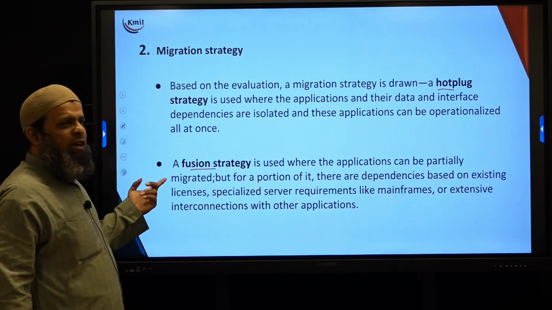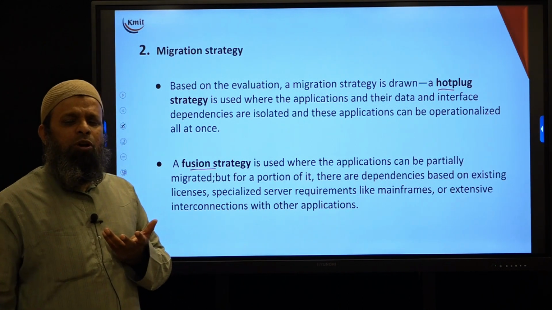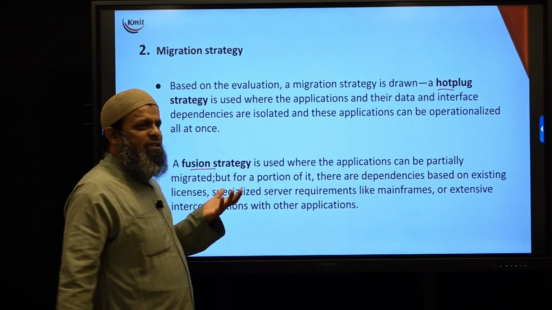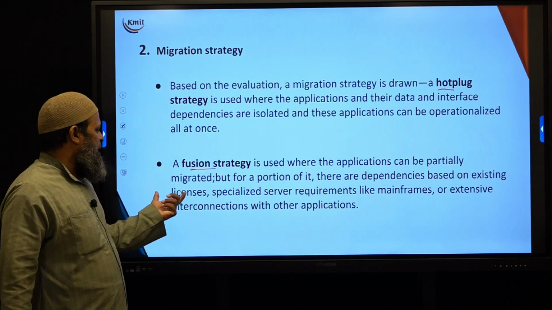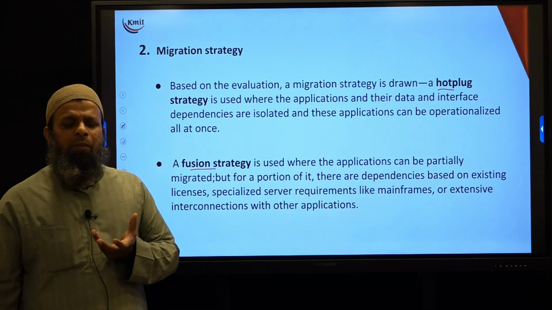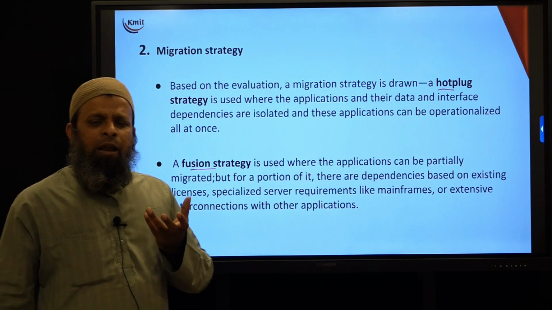Here a partial application is moved onto the cloud, because they have some license problems and some dependencies on the existing applications because of licenses and special requirements. Some applications require a mainframe, and we have already bought mainframes.